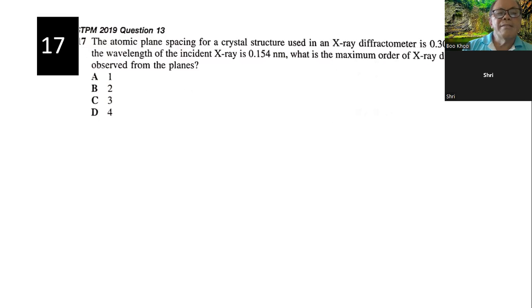The atomic plane spacing for a crystal structure using an X-ray diffractometer is 0.3 nanometer. If the wavelength of incident X-ray is 0.154 nanometer, what is the maximum order of X-ray diffraction observed from the plane?